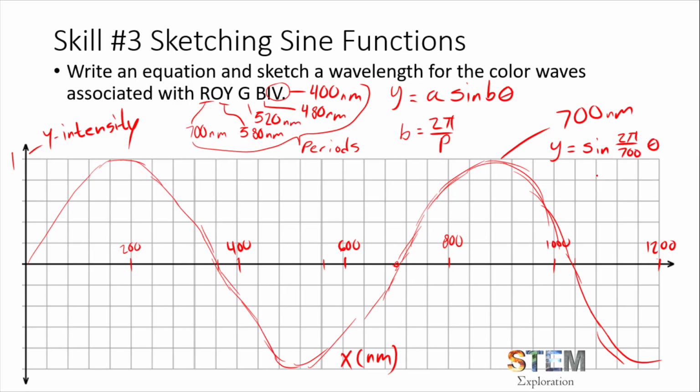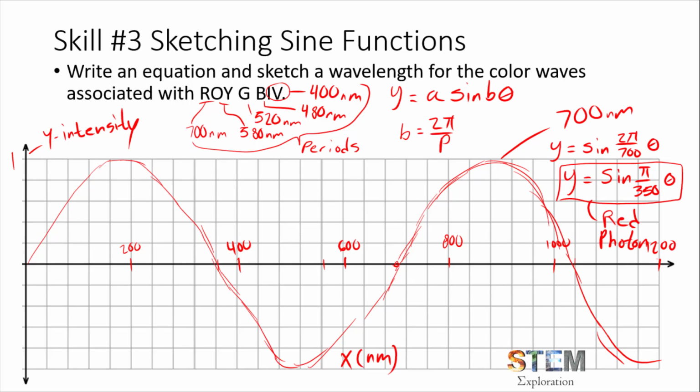And we could simplify this a little bit and say that y equals the sine of pi over 350 times theta. And this would be your wavelength for a red photon.